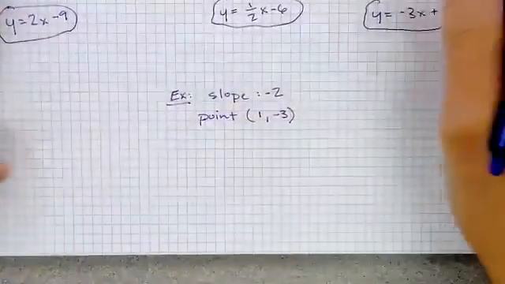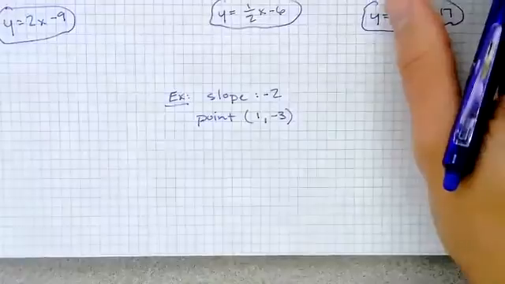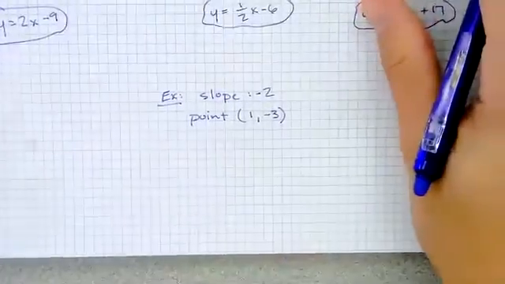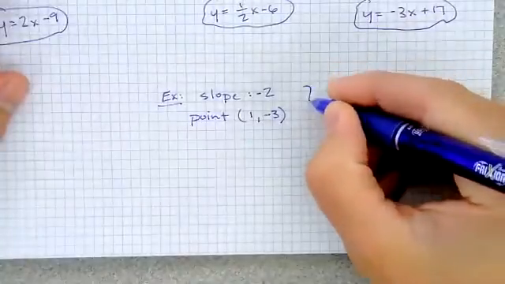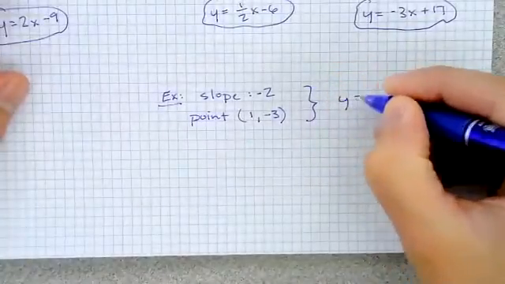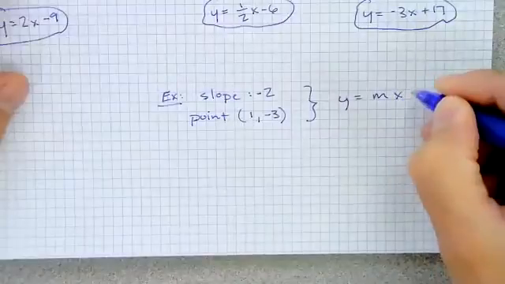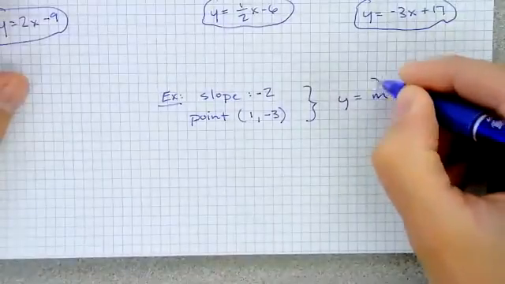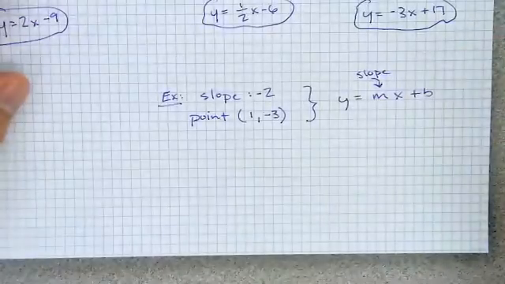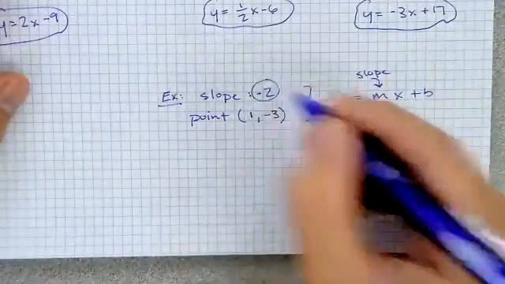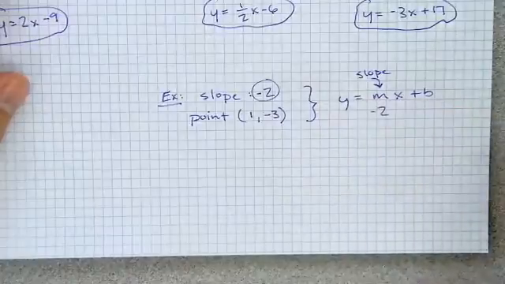All right, thank you for those of you that answered, so I know at least half of you are somewhat engaged. Okay, so struggling a little bit. Remember, y equals mx plus b, where this is our slope. If you're given this question, if nothing else, you should be able to at least take this -2 and plug that in.